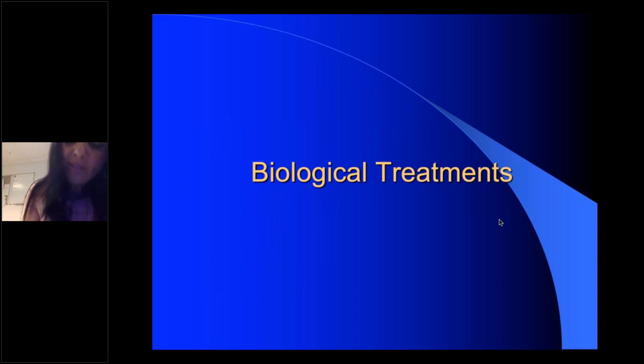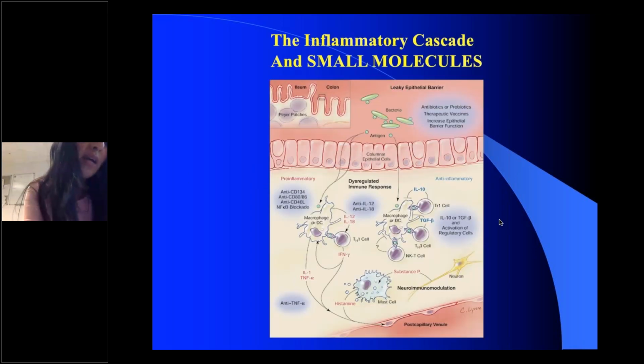Moving on from the immune suppressants, we have the biological treatments, and this really has been a cornerstone breakthrough in pediatric IBD and IBD in general, and has prevented the need for using surgery in a lot of children.